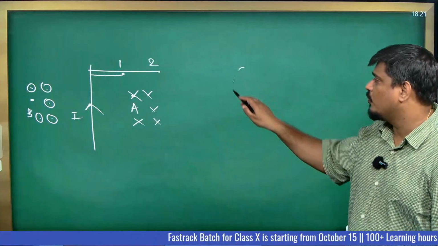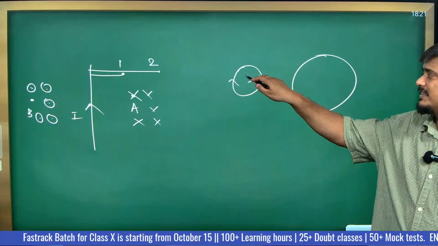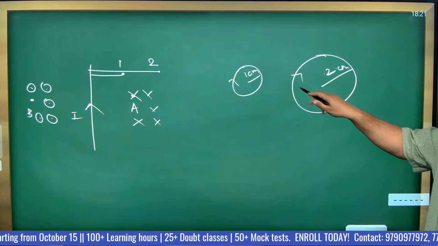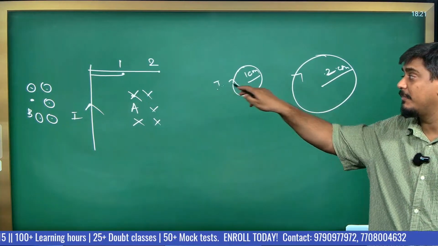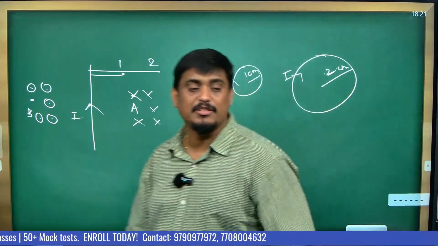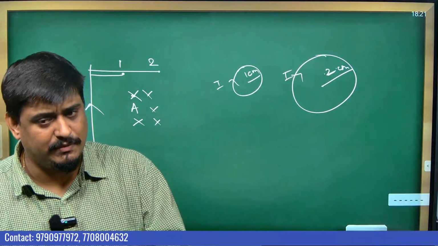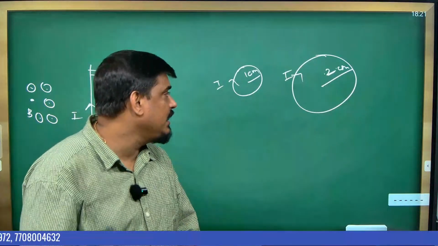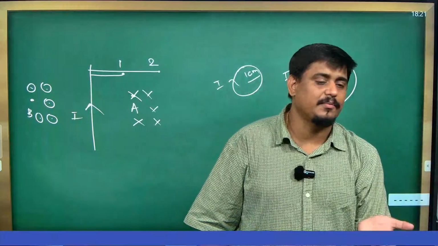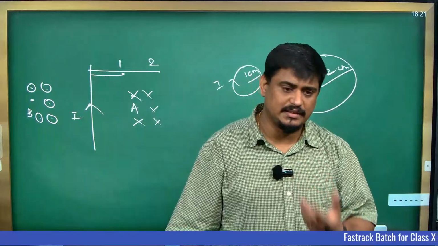If you have two loops having same current but different radius, here I am having 1 centimeter radius, here 2 centimeter radius, then the 1 centimeter radius will have a bigger magnetic field compared to the wire having a radius of 2 centimeter, because magnetic field is inversely proportional to radius also. I told this in the previous class. Magnetic field is directly proportional to the current and inversely proportional to distance. So lesser the radius, stronger the magnetic field. More the radius, lesser the magnetic field.